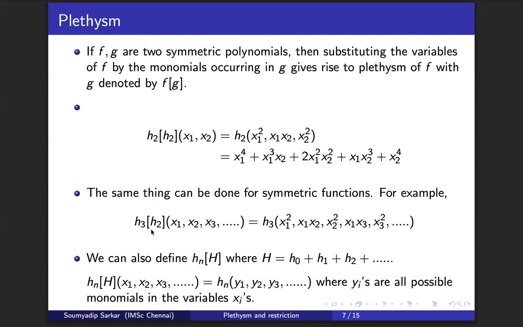Usually inside the bracket, if you have some hk, then your collection is all monomials of degree k. But when I write capital H, I do not have any restriction on the degree. So the degree of the monomials in the expansion of h_n plethysm H is in fact not bounded. That is one difference between symmetric polynomials and symmetric functions.